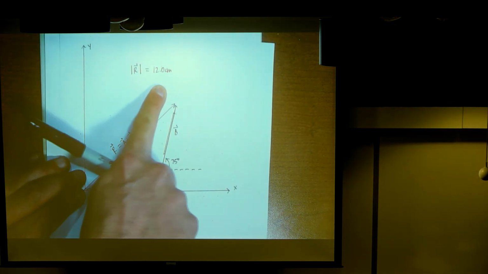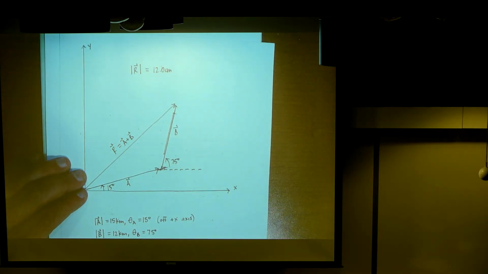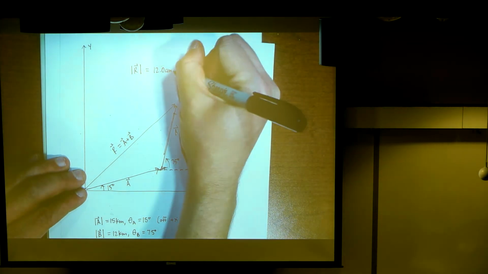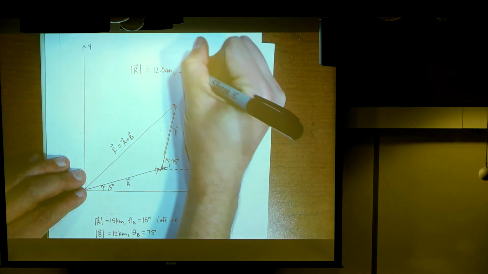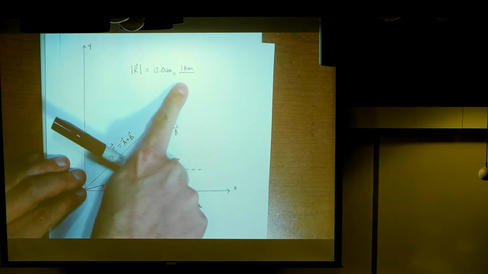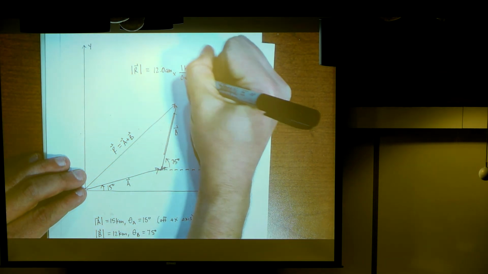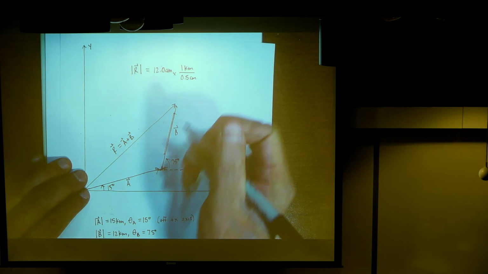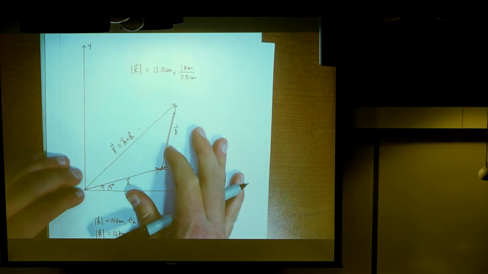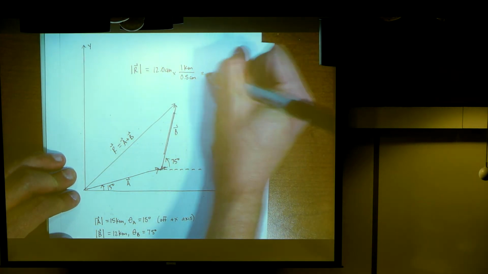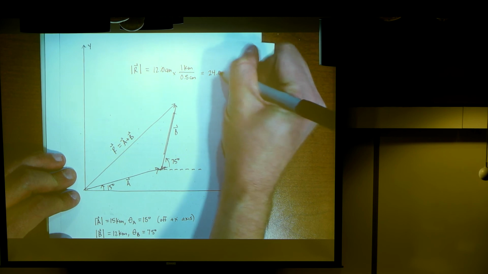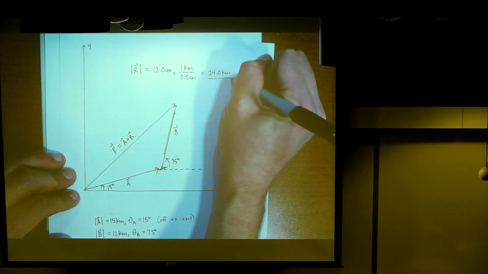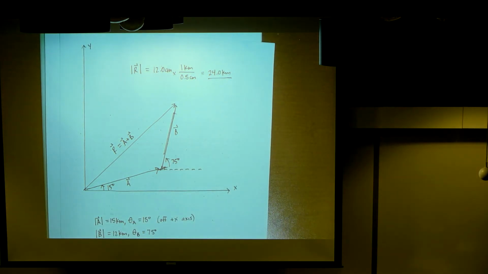So we want to convert it back to physical distance using the scale factor. So that means we're going to do 1 kilometer. We have a conversion factor where 1 kilometer is on top and 0.5 centimeters is on the bottom. So we have 12 over 0.5, which is 24. So we're getting, based off the diagram, 24 kilometers is the resultant vector, okay?